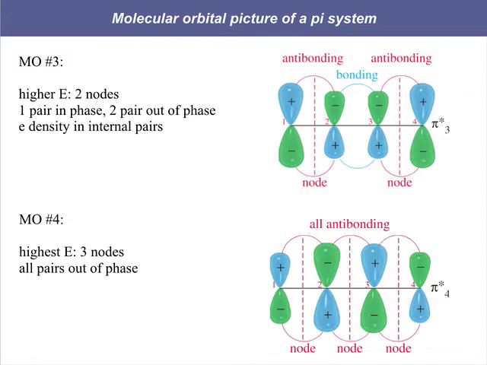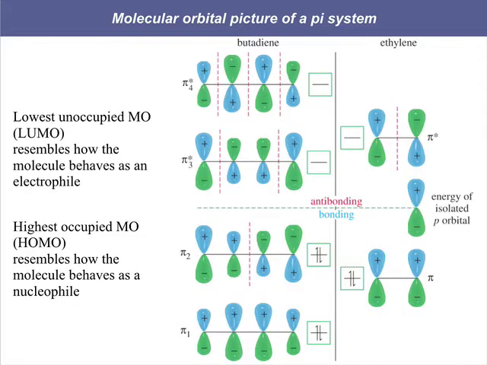If we arrange this in terms of energy, this is what these two diagrams look like. Here's the picture from ethylene. Remember, we had a single bonding orbital where the lobes were in phase, and then we had a single anti-bonding orbital where the lobes were out of phase.